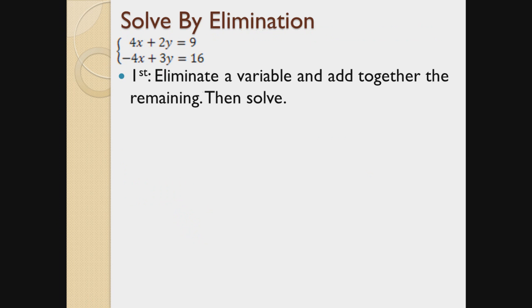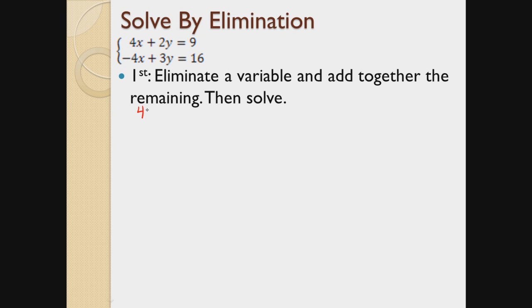4x plus 2y equals 9. Negative 4x plus 3y equals 16. We're going to first eliminate a variable and add together the remaining, then solve. In this case, the variable we're going to eliminate is x, since we have a positive 4 and a negative 4.